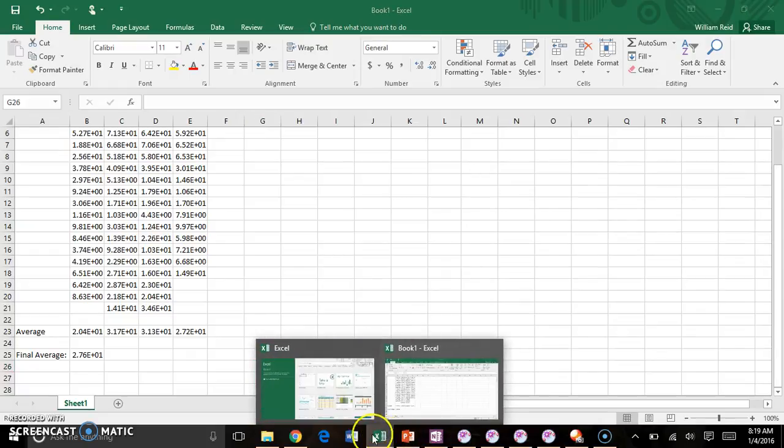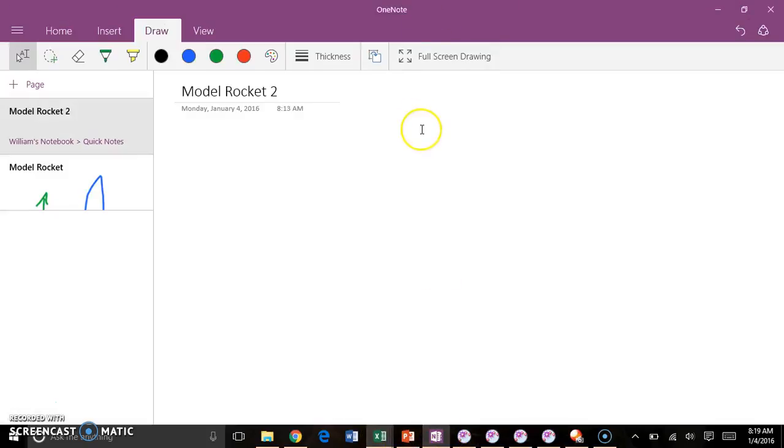So now we go into here, and the mass of our rocket is held still at 0.062 kilograms.